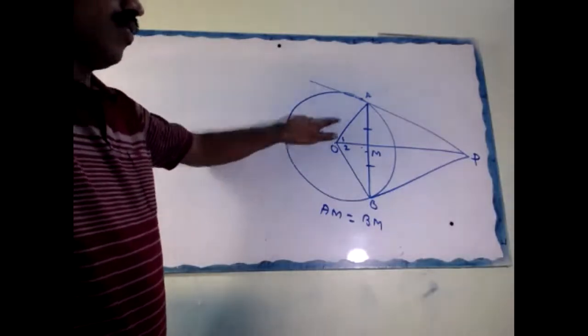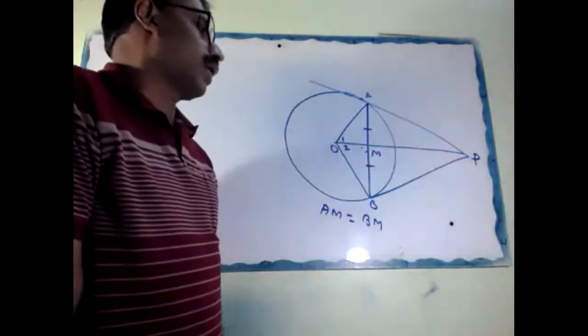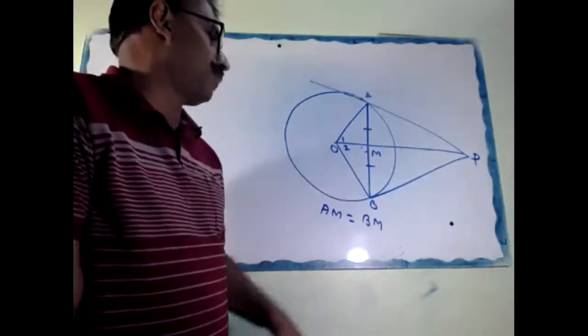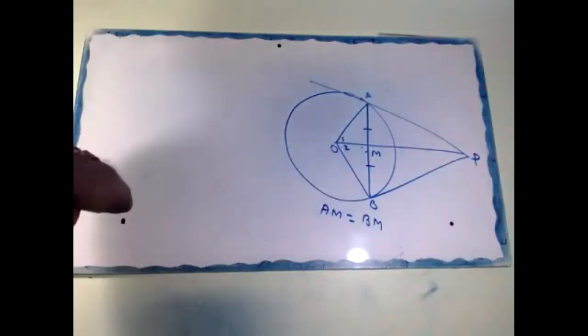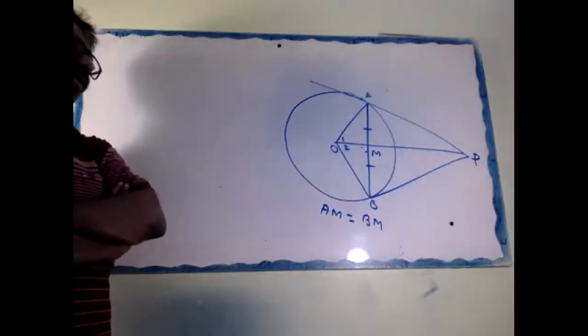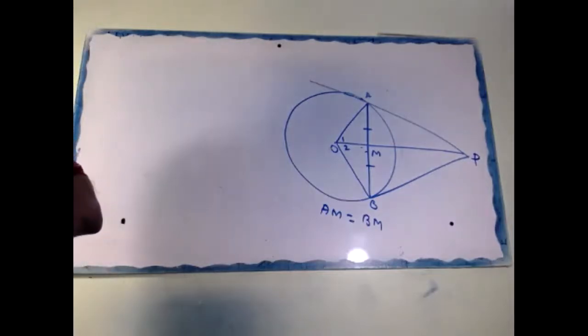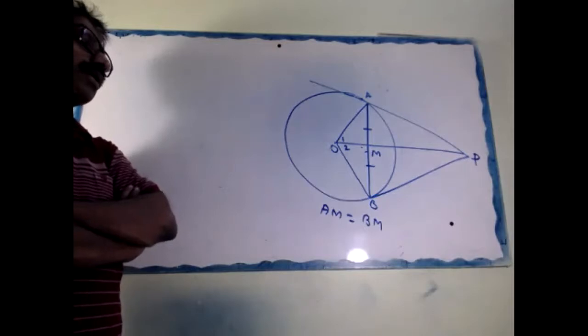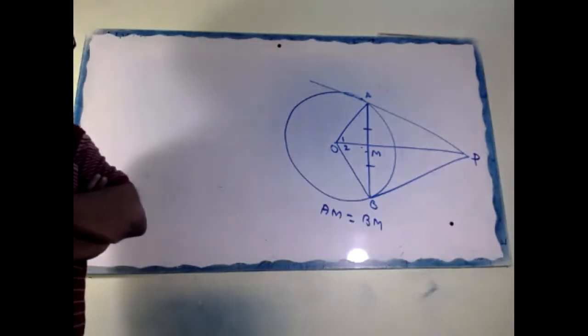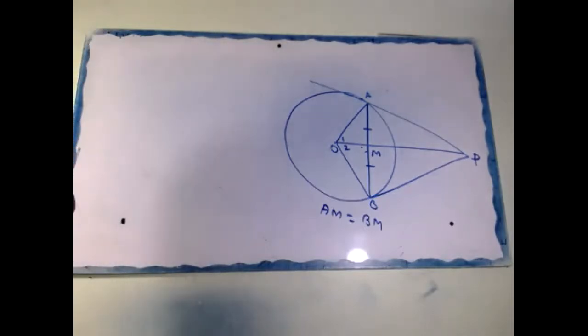In triangle OAP and OBP, OA equals OB, PA equals PB, OP equals OP common. Then by SSS congruency, triangle OAP is congruent to triangle OBP. Hence angle 1 equals angle 2.